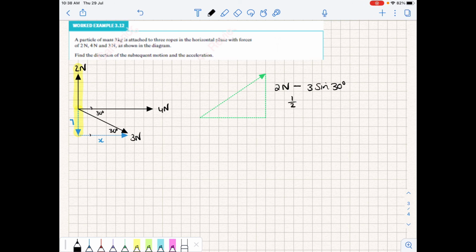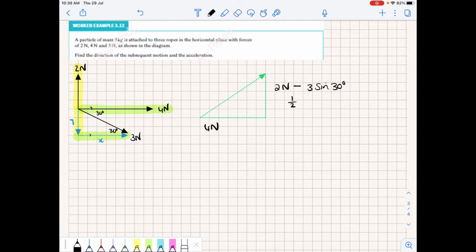Now we just need to look at the horizontal components. They're both acting in the same direction. So we have this 4 newtons, which is this horizontal force here. It doesn't have a vertical component. Then we also need to consider the horizontal component from the 3 newtons.